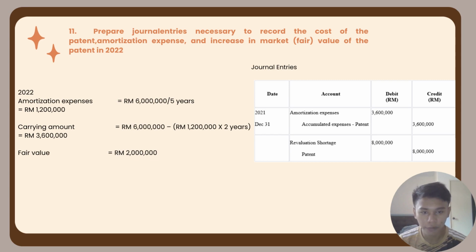And the fair value is 2 million. After that, we need to open the journal entry with the debit as amortization expense and the credit as accumulated amortization for the first journal, and the value is 3.6 million. For the second journal, the debit is revaluation surplus and the credit is patent, and the value is 8 million.